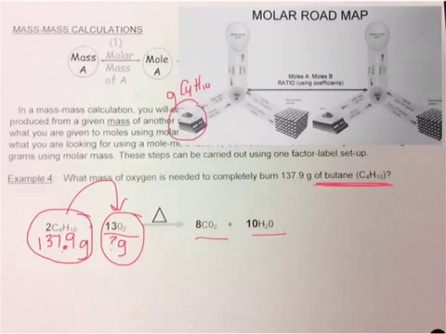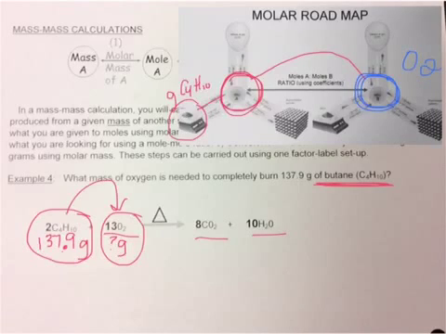The only place to go from there is to moles of A, which is moles of butane. Then, since we want to switch chemicals, we're going to jump across to moles of oxygen. So this is our oxygen side. But we're not going to stop there because they asked us for grams down here.